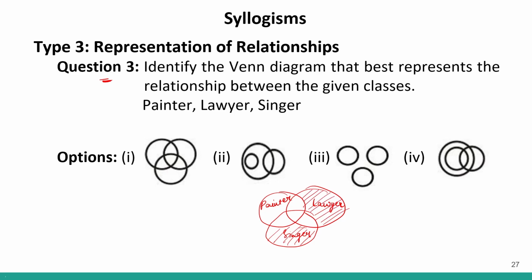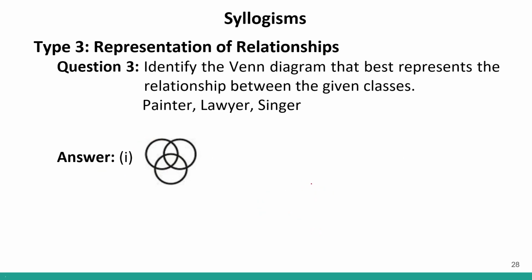But this area will represent people who are into painting also and who are lawyers also. So this will be the correct diagram for lawyer, singer, and painter. So this is given in option number 1. So option number 1 will be the correct answer to this question because it completely signifies the relationship between painter, lawyer, and singer. Okay.